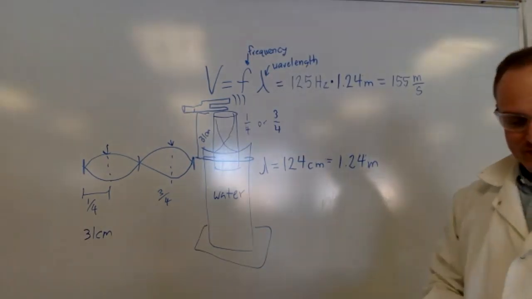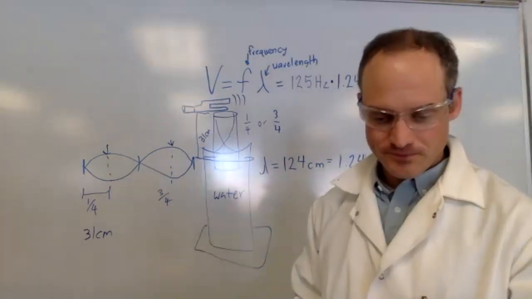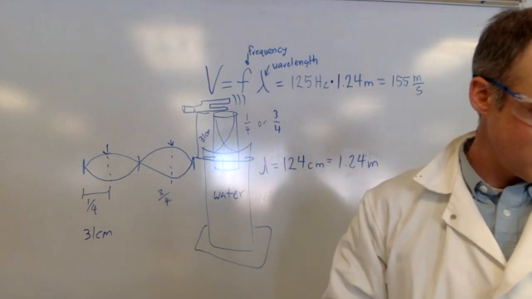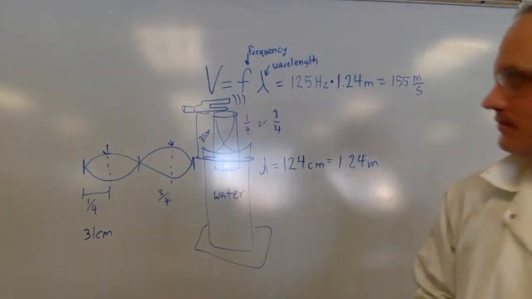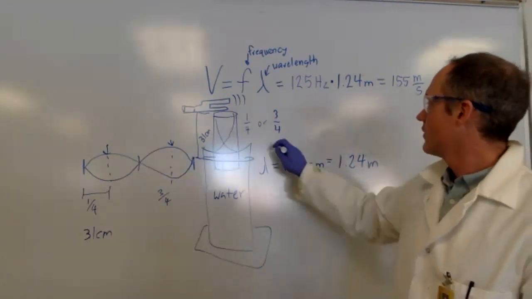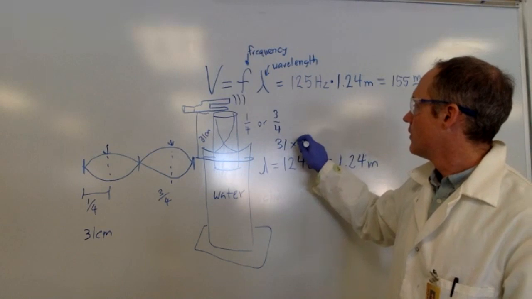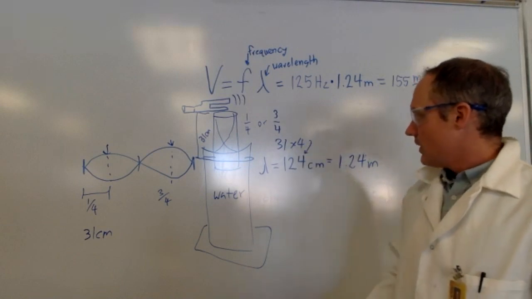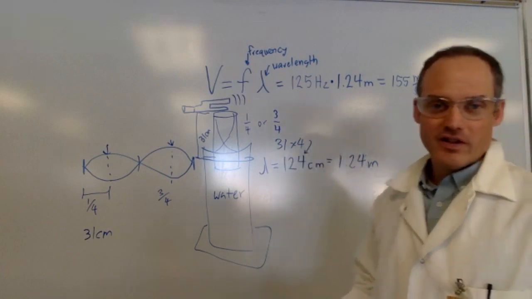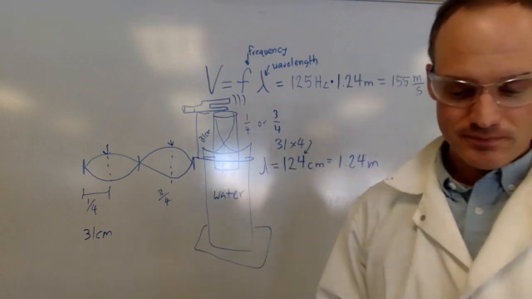Why are the units meters per second on that? Because it's velocity. Did you already multiply it by 4? Yeah, I did that down here. What is the units hertz?